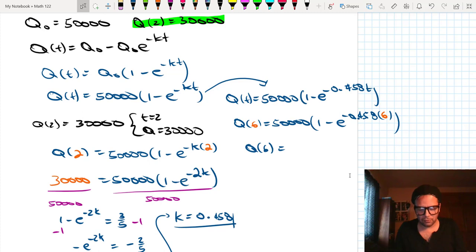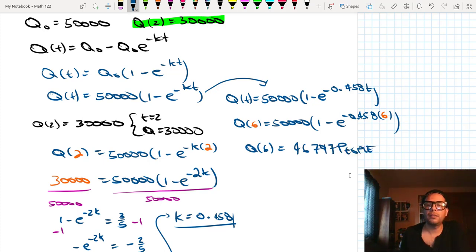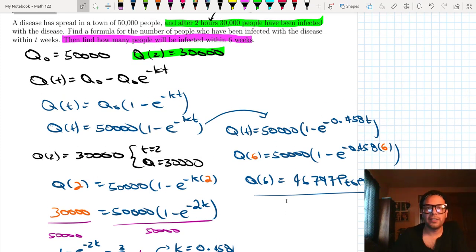All we do is 50,000 times 1 minus e to the negative 0.458 times 6. And we get 46,797 people. That's the amount of people that will get infected after 6 weeks.